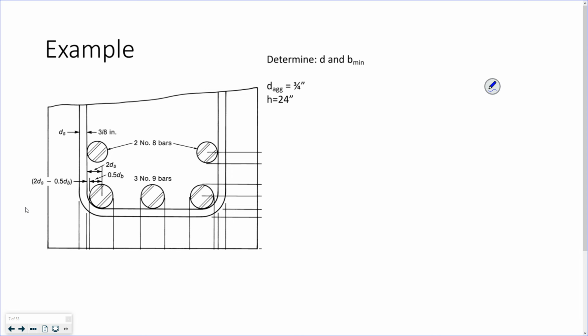So if we look from the outside to the inside, this is this ds. This is a 3/8 inch stirrup. So we have a number 3 stirrup.